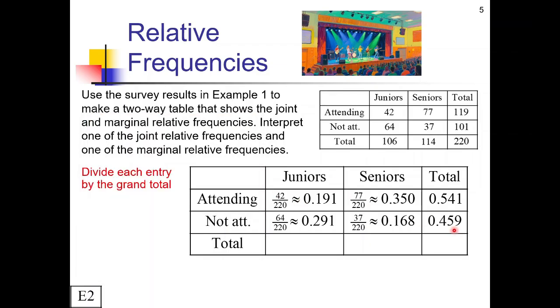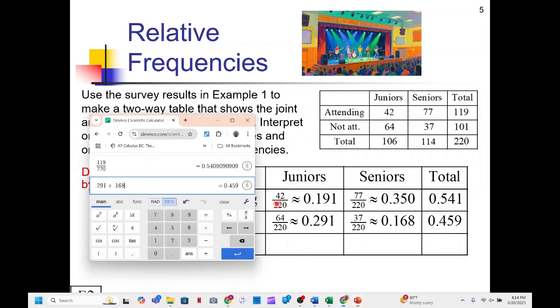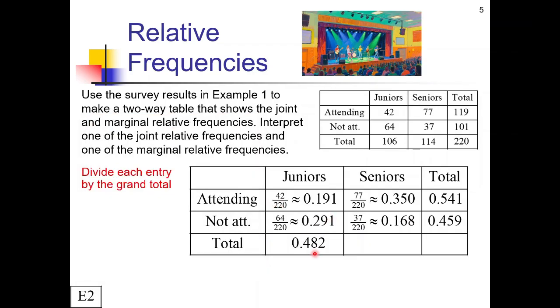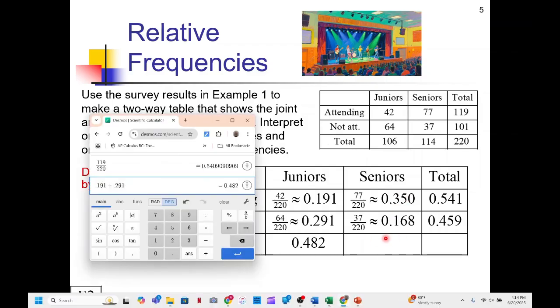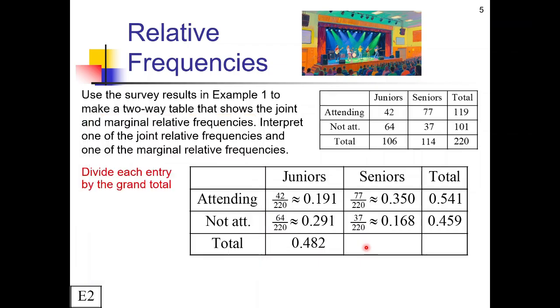And then adding up my rows. So we've got 0.191 plus 0.291 is 0.482. And then adding these up, let's see, we've got 0.35 and 0.168 adds up to 0.518.